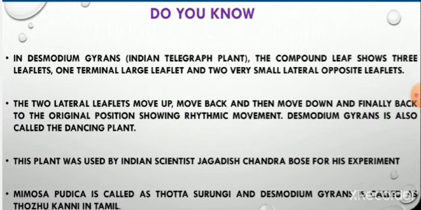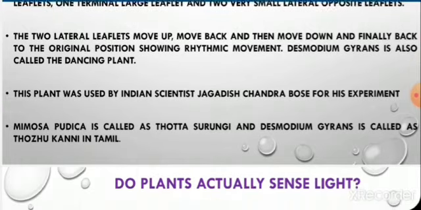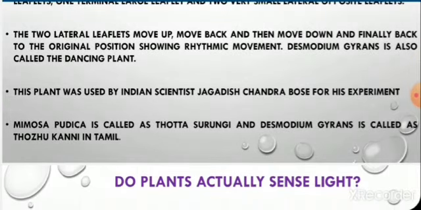This plant was used by Indian scientist Jagadish Chandra Bose for his experiment. Who is Jagadish Chandra Bose? He was the one who proved plants have life. He invented the crescograph. What is a crescograph? It is a device for measuring the growth of plants.